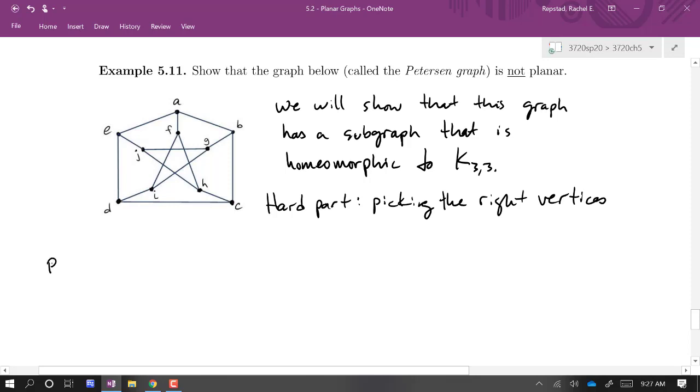We're going to pick the vertices E, F, and G to be on top, and J, A, and I to be on the bottom.